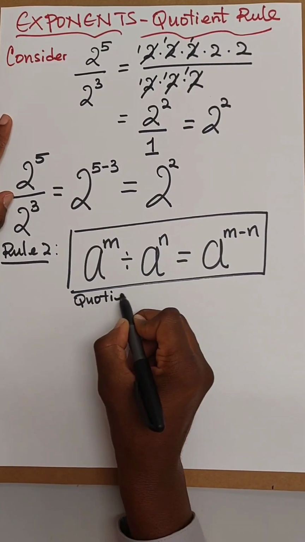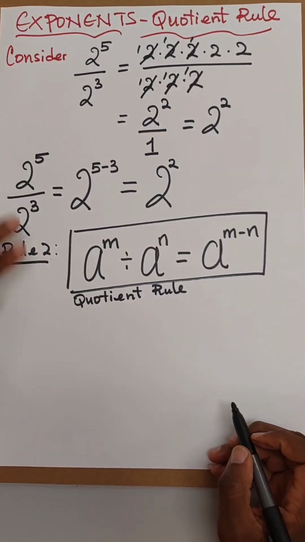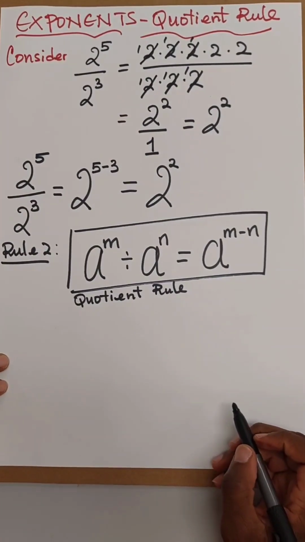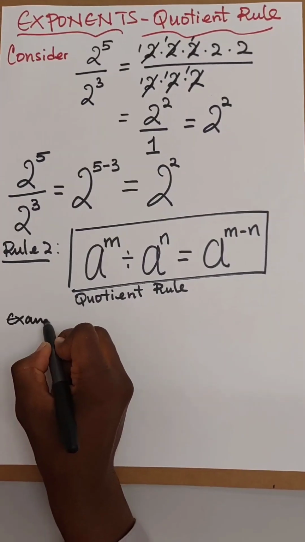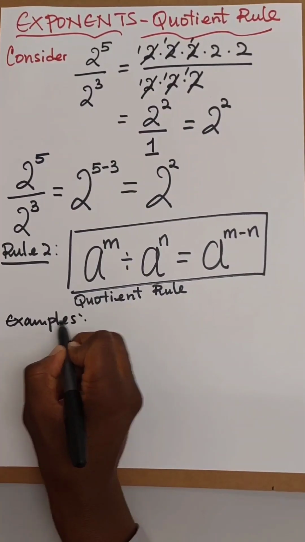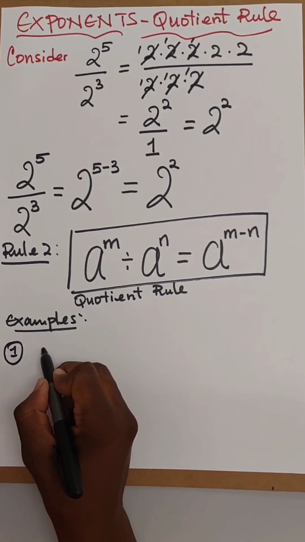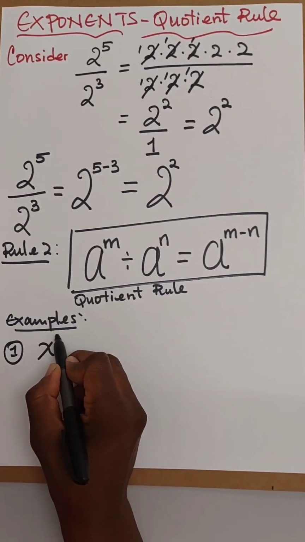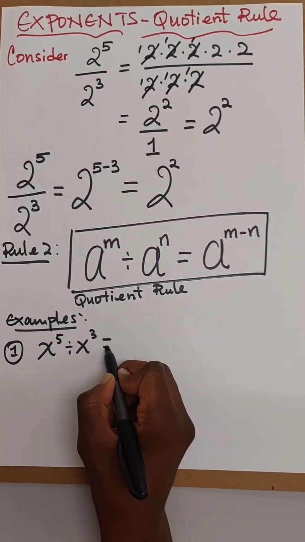Now we are going to take some examples to show how we could use this quotient rule to simplify exponents. So let's take some examples. We have the first, we want to divide x to the 5th divided by x to the 3rd.